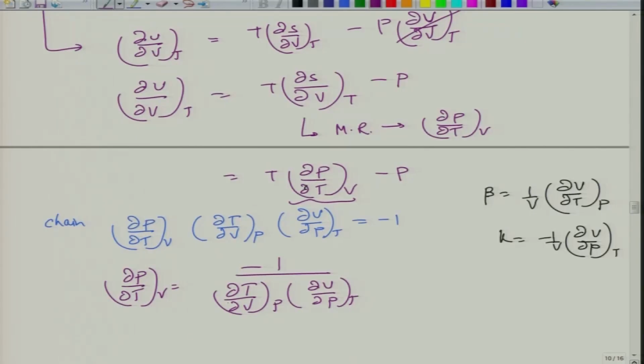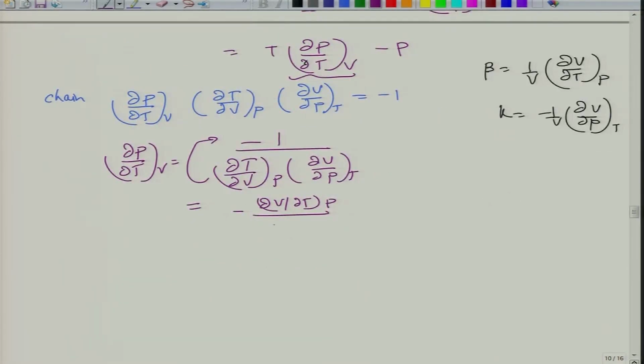So this essentially can be rewritten in the following way. This I can bring to the numerator, so it can be written as minus divided by del V by del P at constant T. Del V by del T at constant P is beta V, and del V by del P at T is kappa V with a negative sign.